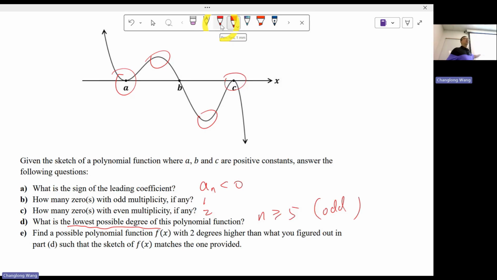Let's see what kind of function will show you a shape of graph like that. If you haven't got a chance to write down some expressions, do it now. And if no one wants to propose, then I'll propose one so you guys can check for me to see if the function does have a graph that looks just like the one I provided you.